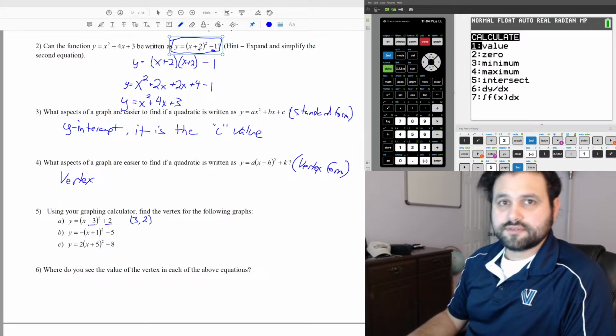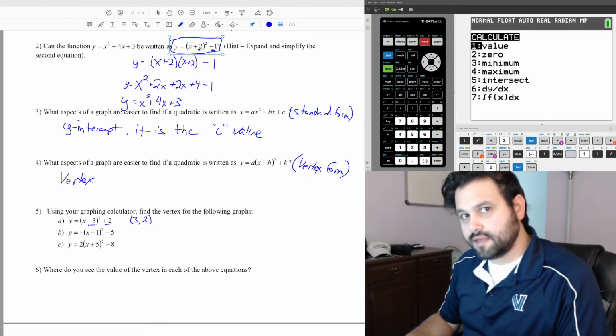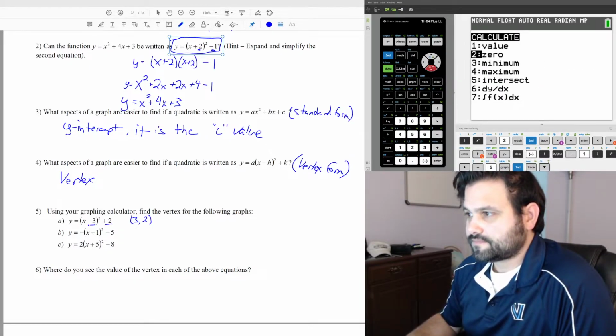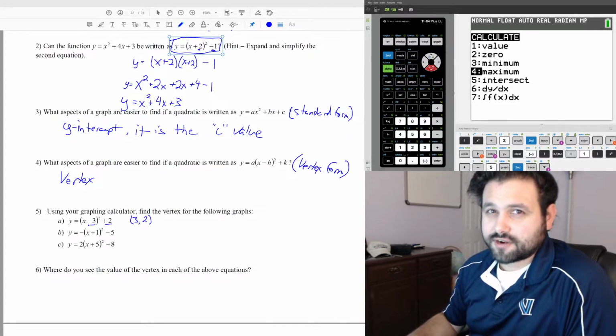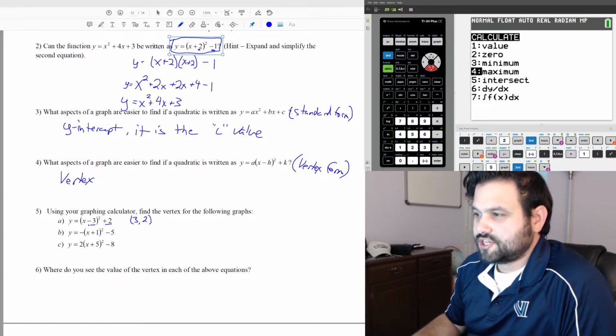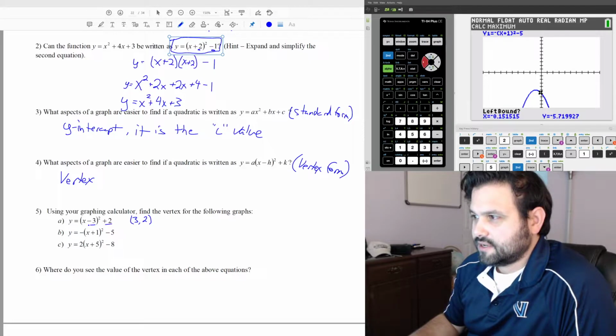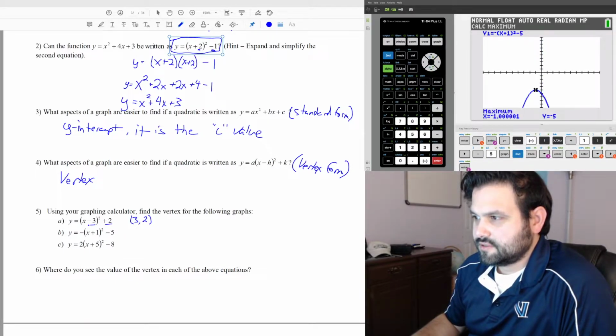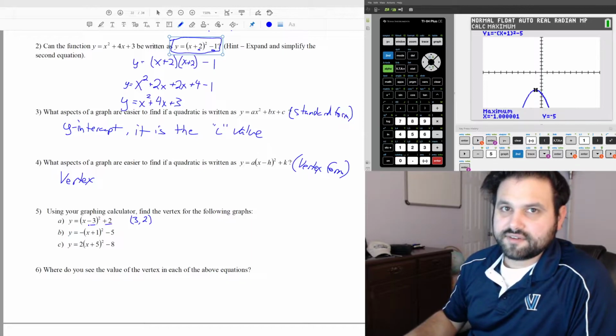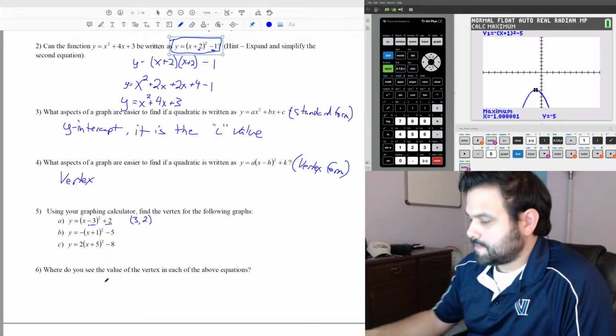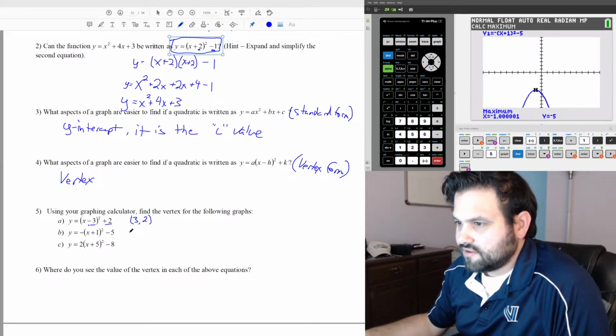This one is going to be a maximum because of the way the graph opens. So I have to remember to choose the correct one, min or max. So I'm going to check max, go to the left, go to the right, enter. -1, -5. Again, that's a little rounding error there. So we got -1, -5.